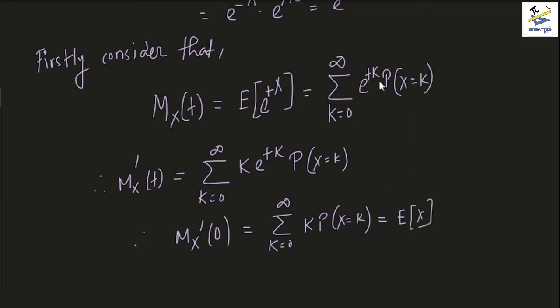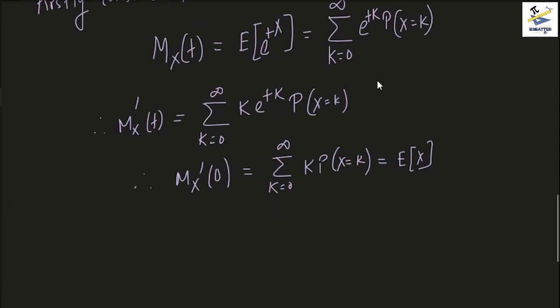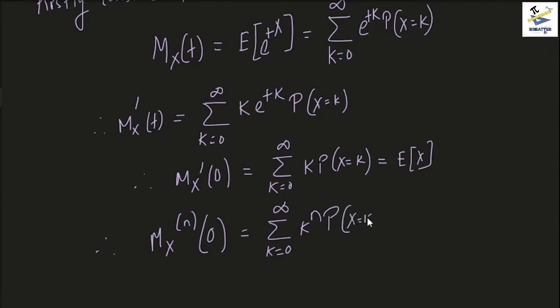So in general, since it's the exponential function, if you differentiate it n times and put 0, what you get is the sum over k equals 0 to infinity of k to the power n probability of X equals k, which basically would be the nth moment, right?